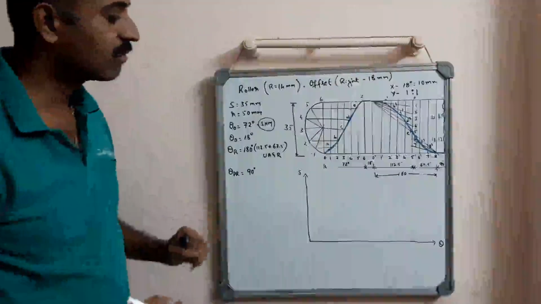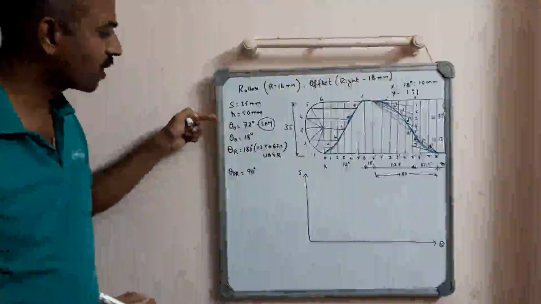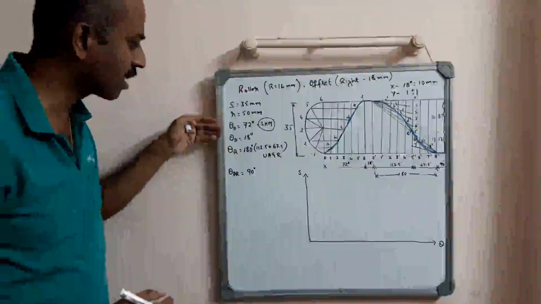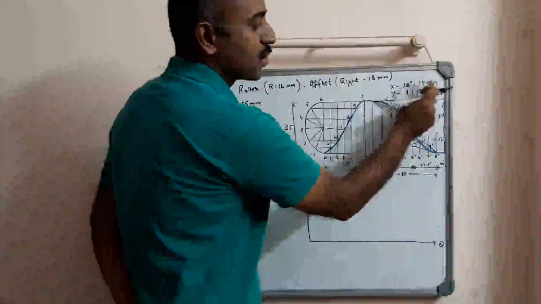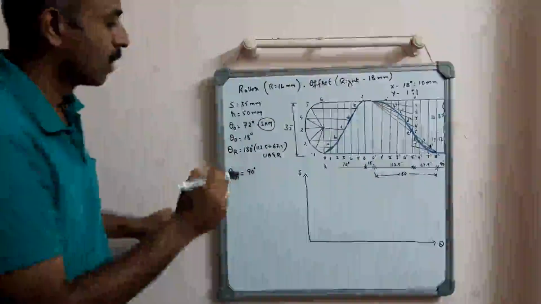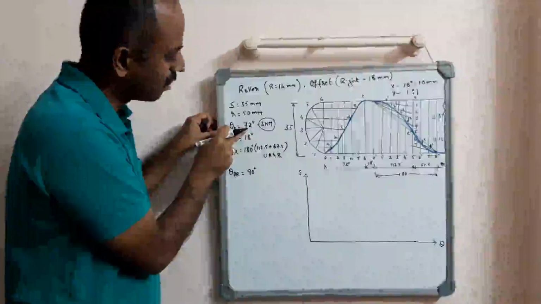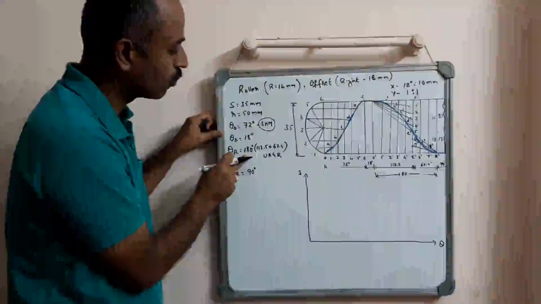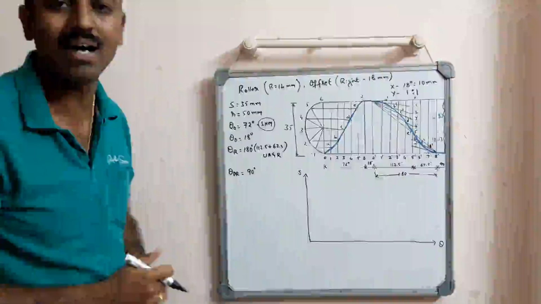After that we need to take the scale for the x axis. As you can observe, these angles are multiples of 18, so we can take 18 degrees equal to 10 mm, or 18 degrees equal to 1 centimeter, which comes to 4 centimeters for 72 degrees and 10 centimeters for 180 degrees, which can be accommodated within the answer sheet.